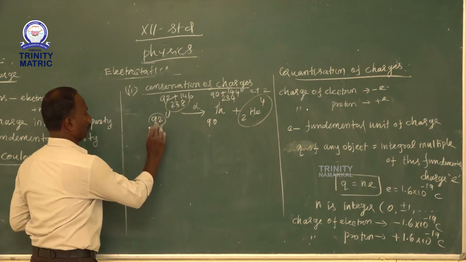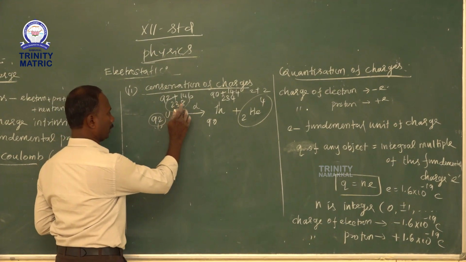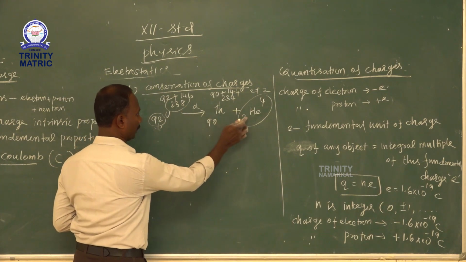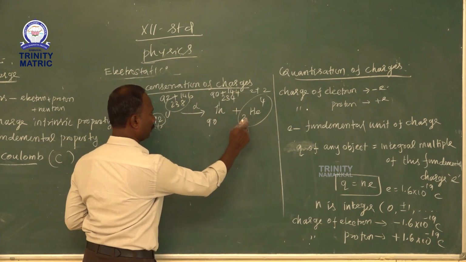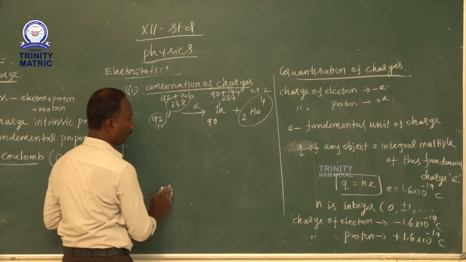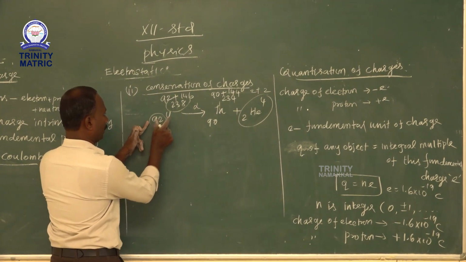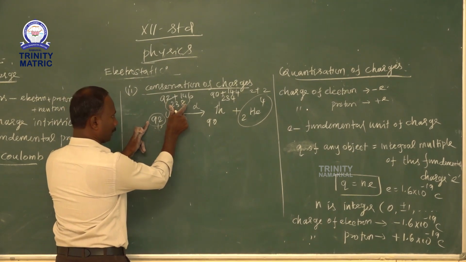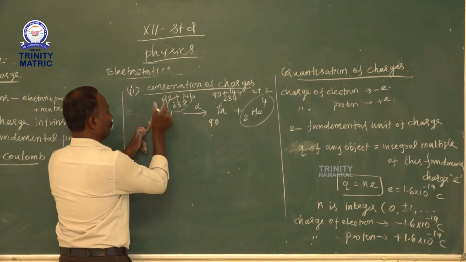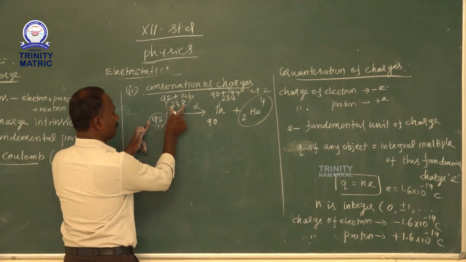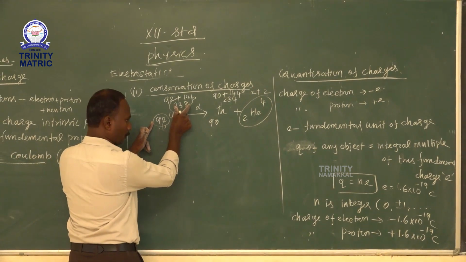So, uranium-238 (92) emitting the alpha particle will be converted into thorium-234 (90) plus helium-4 (2). Atomic number consists of the number of electrons. The mass number consists of the number of protons plus the number of neutrons.